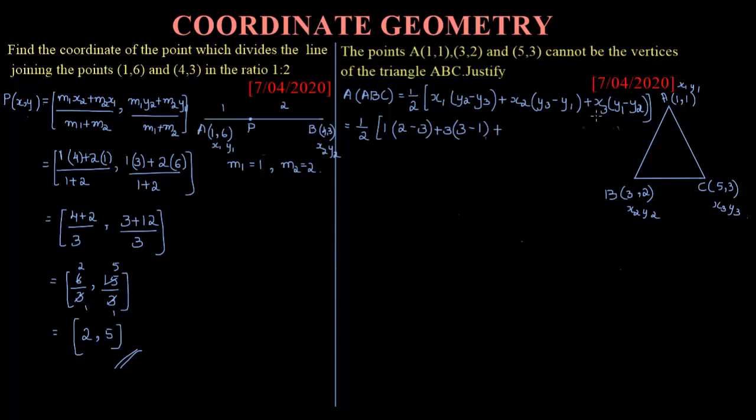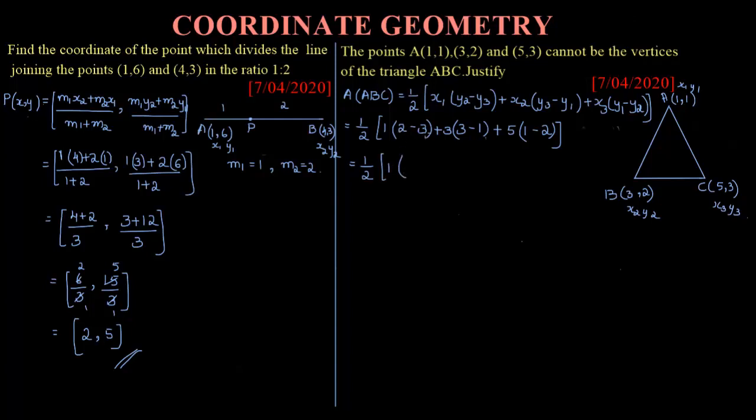Plus x3. x3 is 5 here, right? Then y1, 1 minus y2, y2 is 2. So we substituted everything. Let us simplify now.